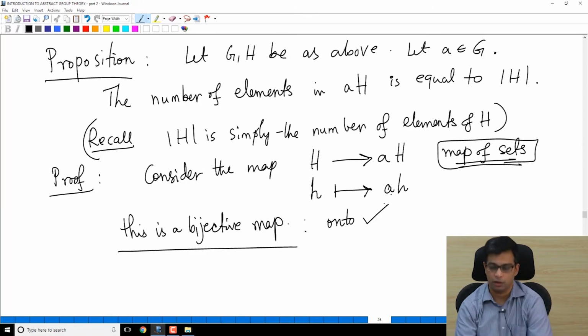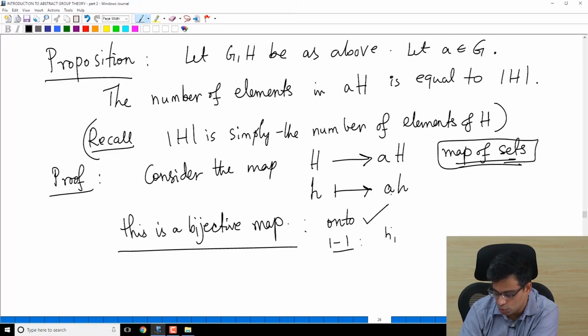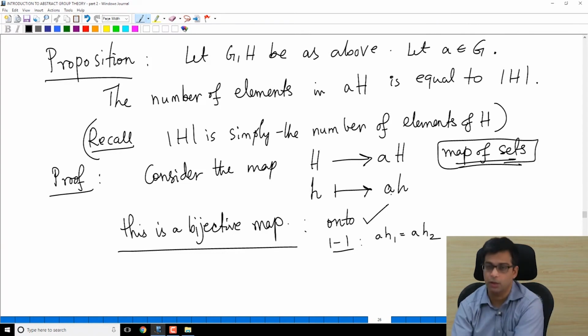So it is certainly onto by definition. Everything in aH is a multiple of something in H. Is it one-one? Let's prove this. Suppose h1 goes to ah1 and h2 goes to ah2. Let's suppose that they are equal, ah1 equals ah2.